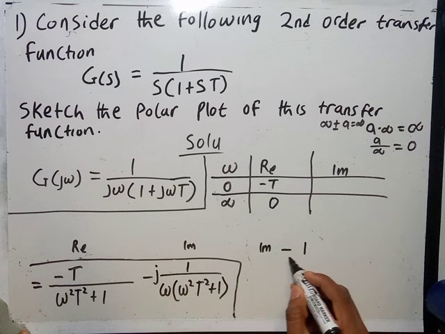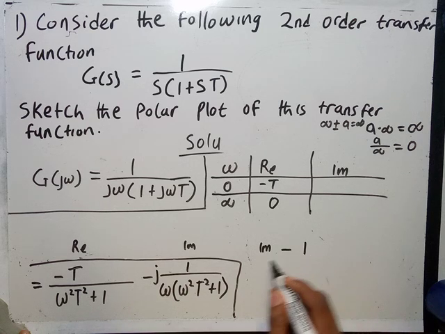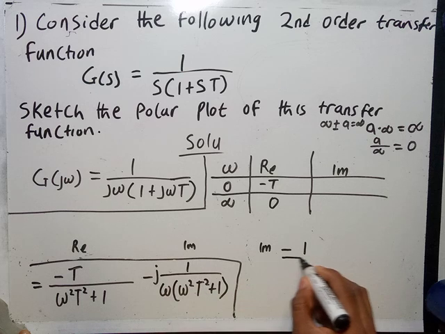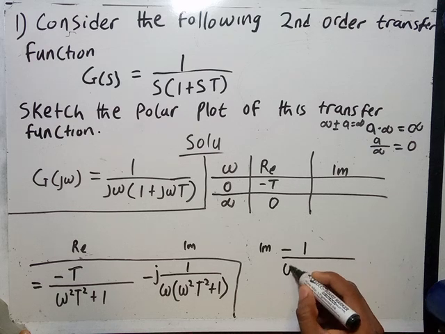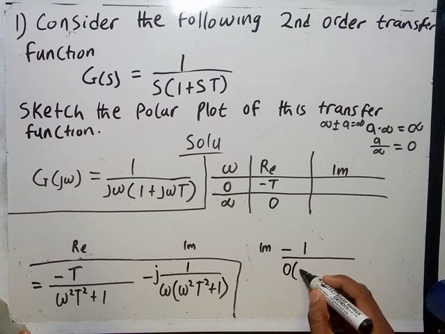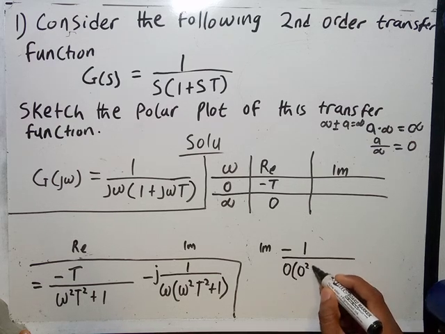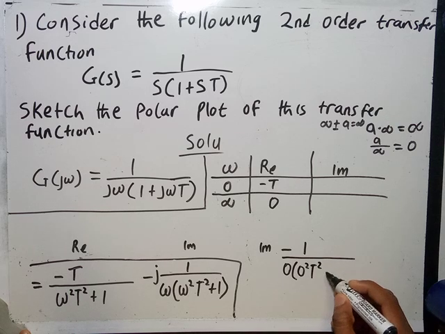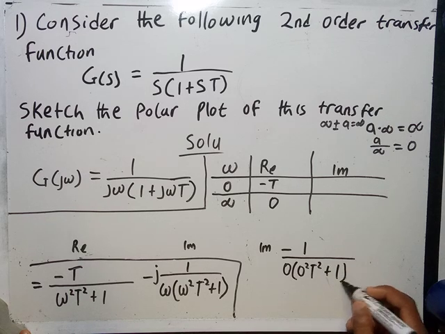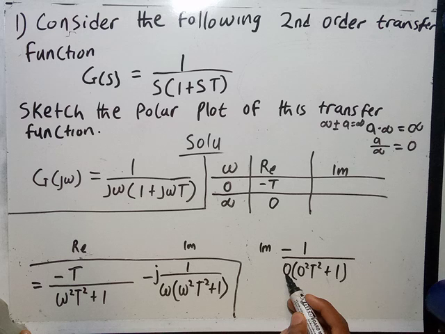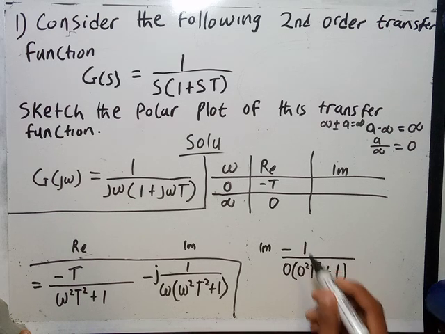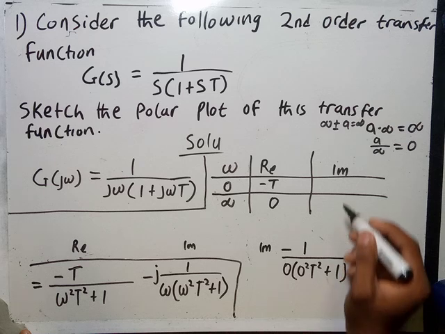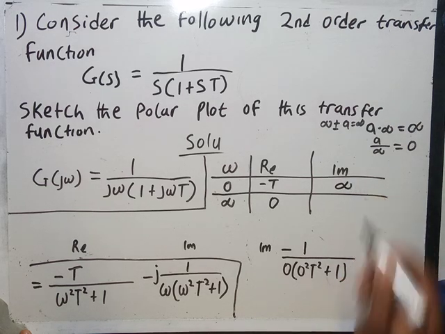So minus 1 over our w being 0. We're going to be having 0 brackets 0 square t square plus 1. Definitely this multiplying all this will give us 0, and anything over 0 will give us infinity. So we'll be having here infinity.